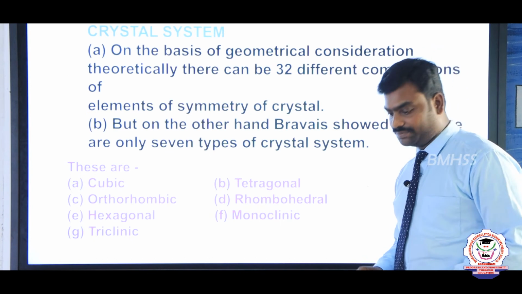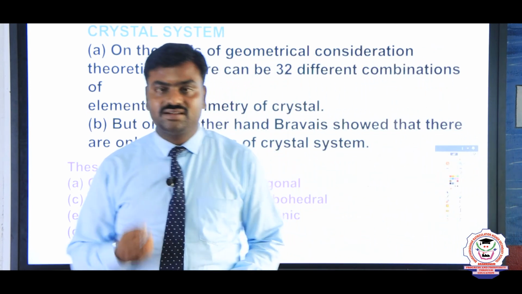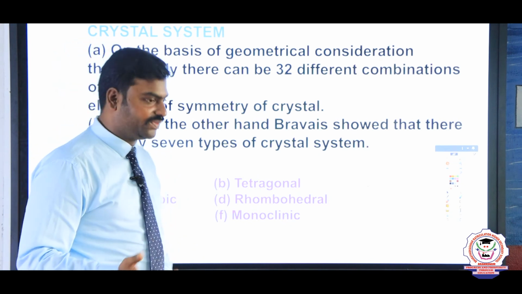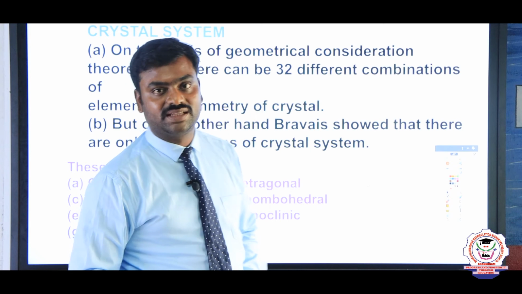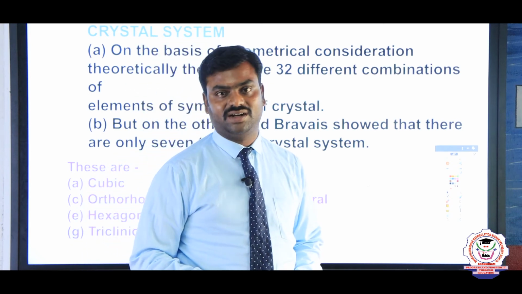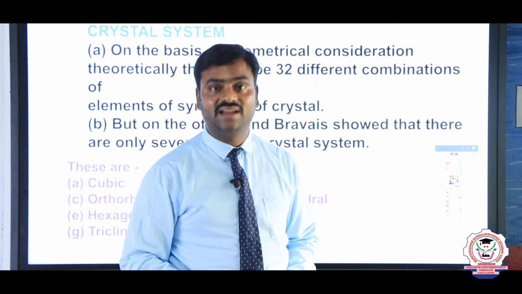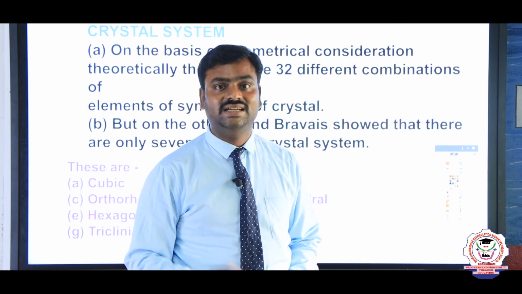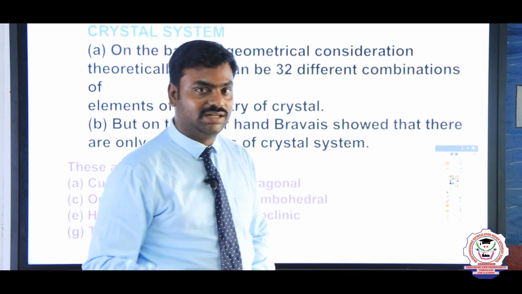Now, crystal systems. There are 32 different kinds of possibilities available, but the scientist Bravais showed that only 14 different types of lattices are possible, and the 14 different types of lattices can be shown by 7 different types of unit cells.